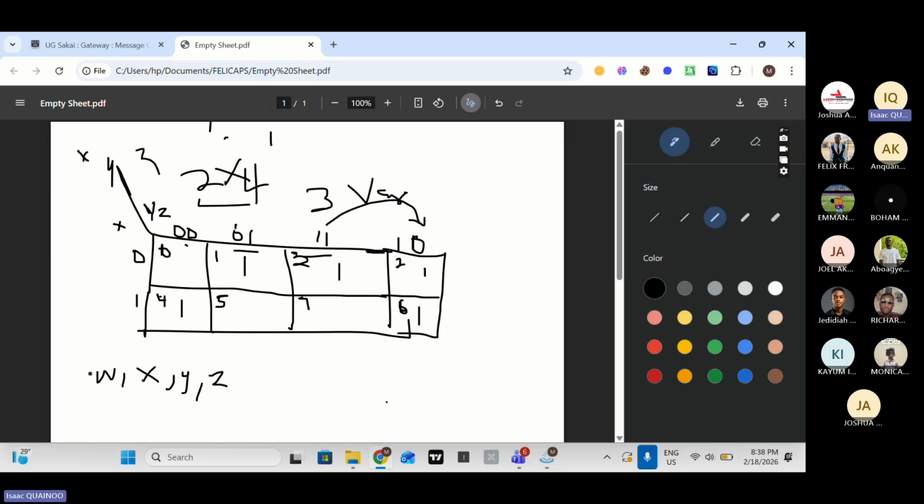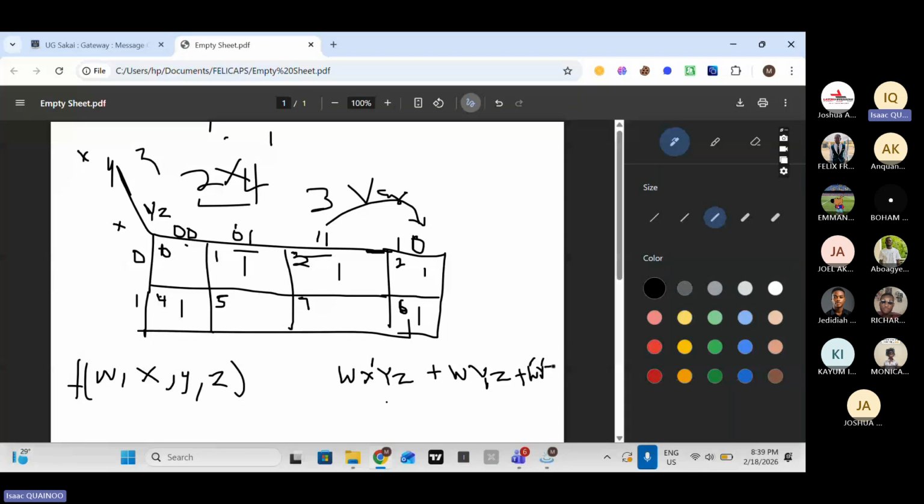Or if you are given an expression, something like w x bar y z plus w y z plus, let's say, w bar y bar z bar, okay?